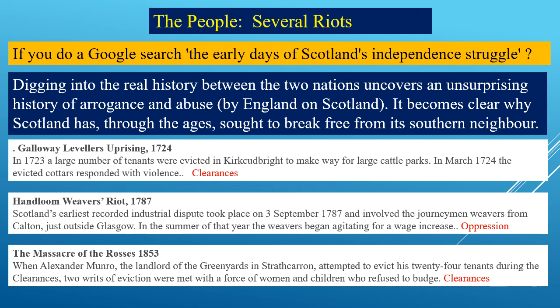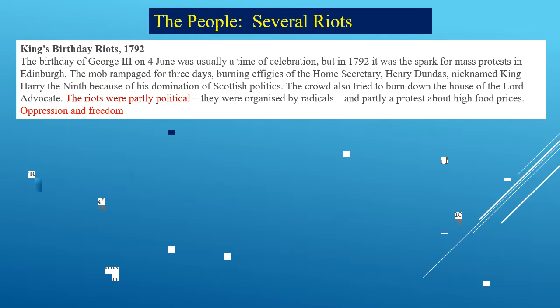And there was another riot here, if you want to call it, and it was all due to the clearances again. These are colonial struggles, upsetting the people, oppressing them at a time when the UK, through the clearances and oppression, was forcing 4.5 million Scots out of the country to its colonies overseas.